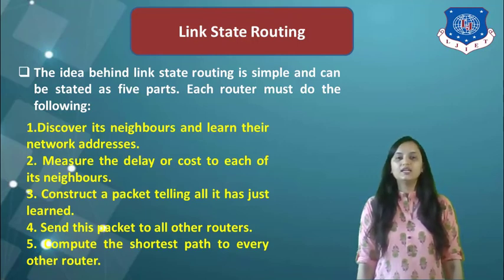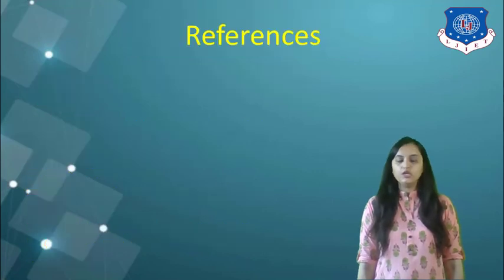So this is how the link state routing algorithm operates. According to this data and after following these steps, it establishes a link to the destination, and using that link the packets are transferred to the destination. This is how the link state routing algorithm works.